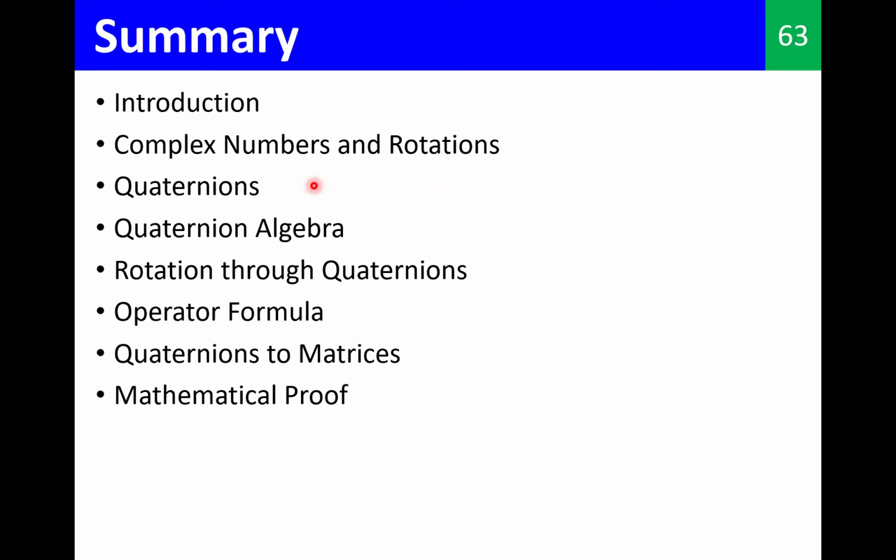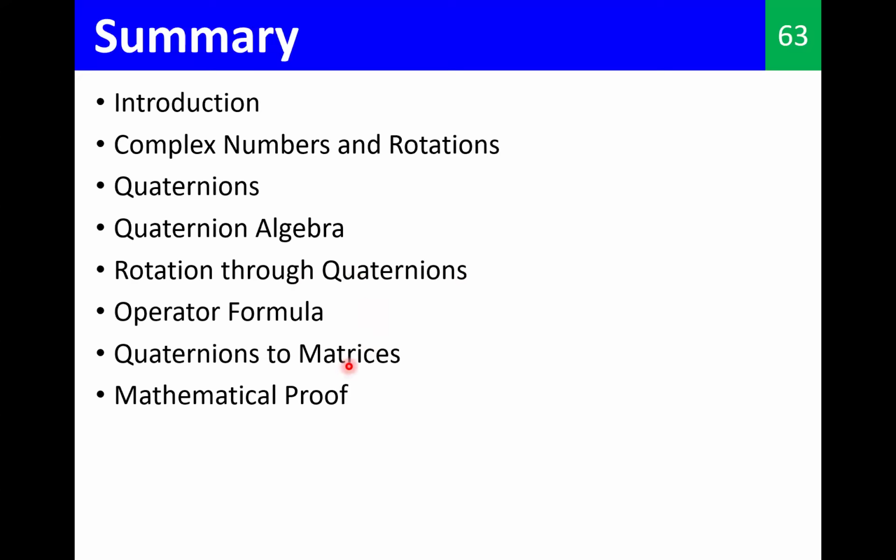Therefore, Sir Hamilton came up with hypercomplex numbers, like three-dimensional complex numbers, and made use of that to do three-dimensional rotations. That gives us the quaternions. And then we gave some rules on how to tackle the quaternions. And finally, we looked graphically at the meaning of a quaternion and how it can actually do a rotation.